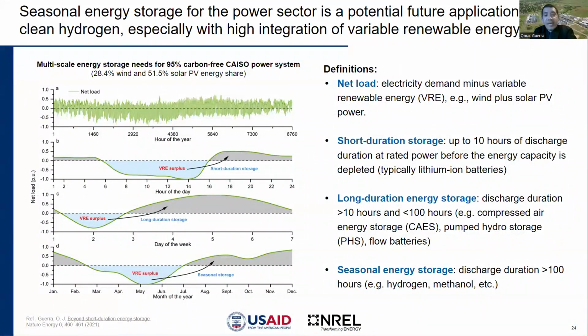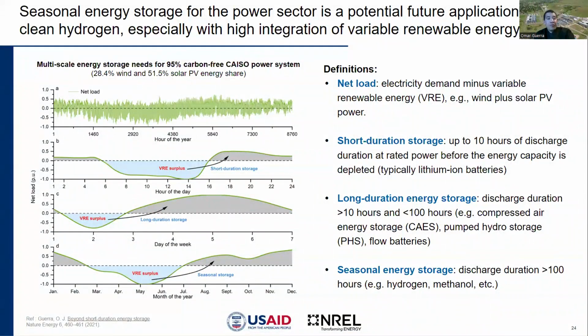And on the top, you can see the hourly variation of the net load. Here, net load is basically the demand minus the availability of wind and solar PV power sources. If the net load is positive, that means that the demand for electricity is greater than the availability of wind and solar, and then you need generation from conventional power sources. On the other hand, if the net load is negative, that means that the availability of wind and solar is greater than the demand for electricity, so you have an oversurplus of wind and solar PV power sources.